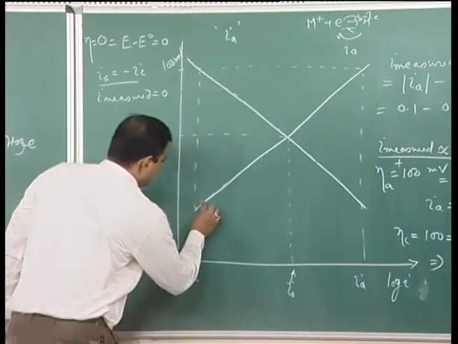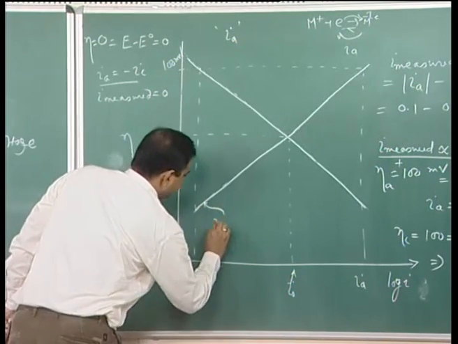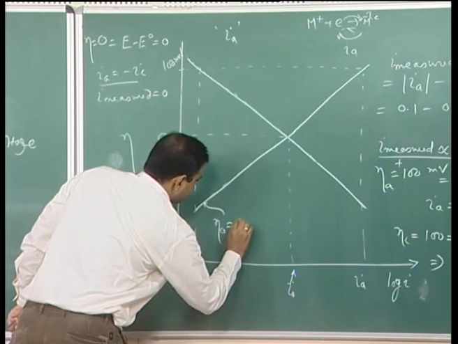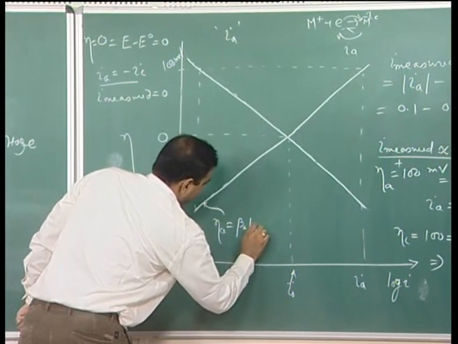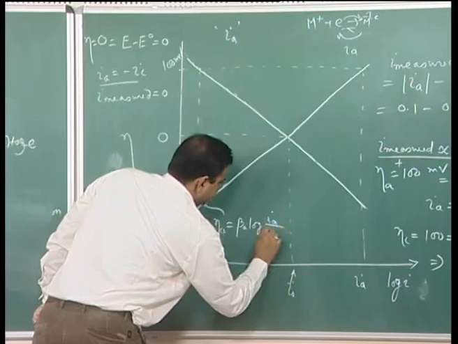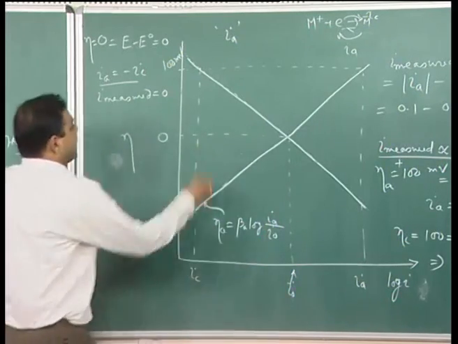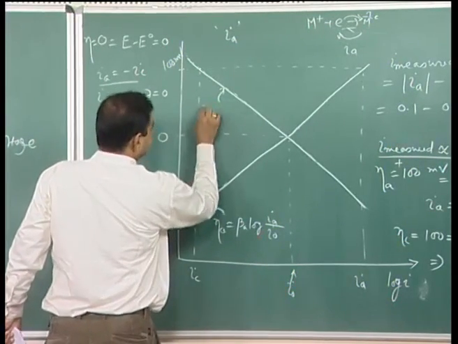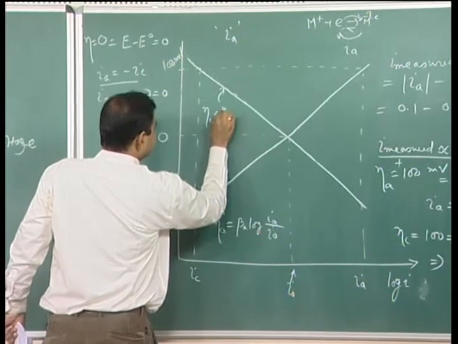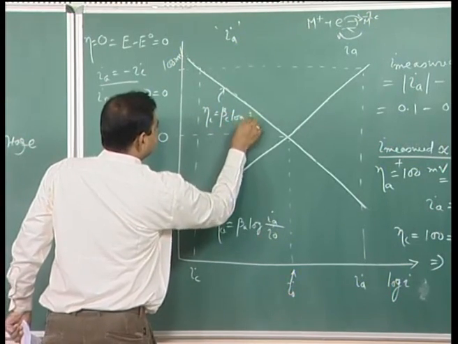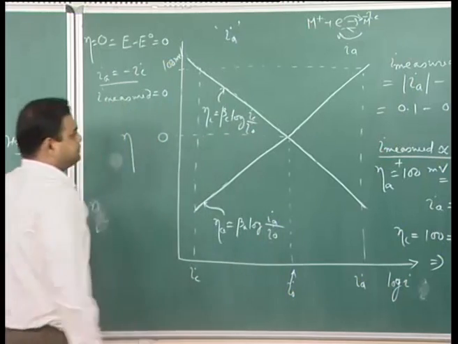So I can write those equations: eta A equals beta A log IA by I0, and eta C equals beta C log IC by I0.